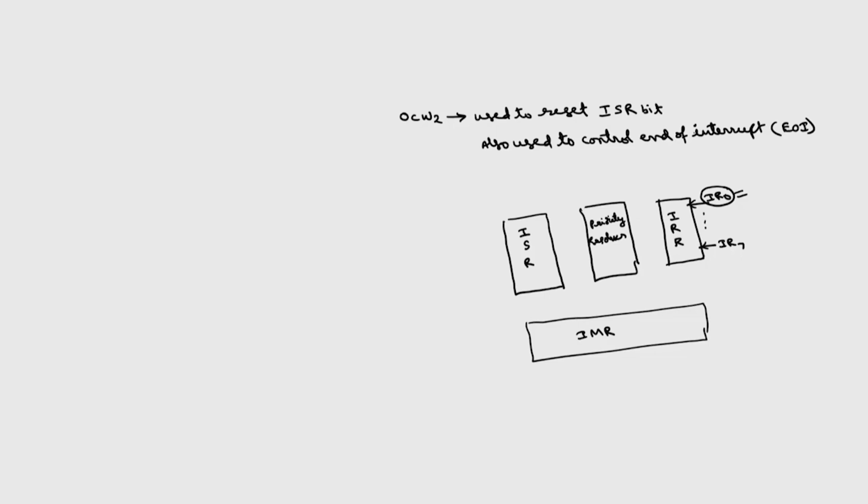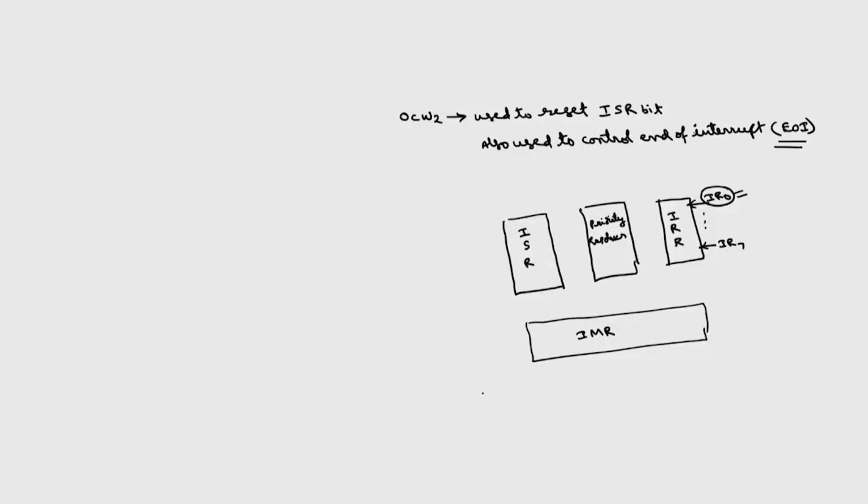In order to represent this end of interrupt, we will use OCW2. There are three ways to represent end of interrupt. Before going to the format of OCW2, I will discuss the ways in which end of interrupt can be performed. One is called specific, another is non-specific, another is automatic.